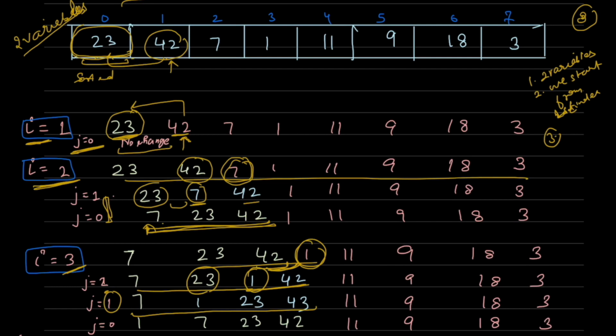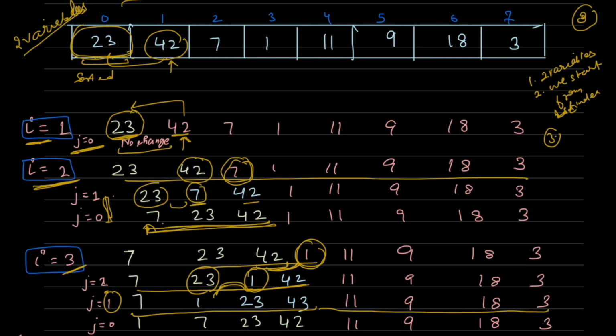I'm just showing you the state of the first part of the array, but the actual array remains the same. Because we are starting from the third element, the rest of the elements beyond it would remain at their own position, and there would be a change only in the first half of the array. Now the positions of 1 and 23 have changed.